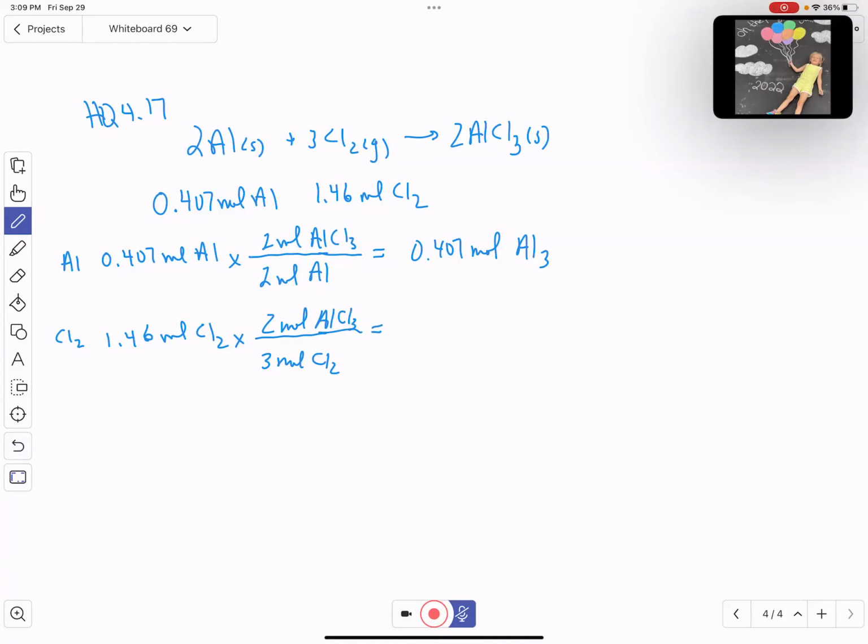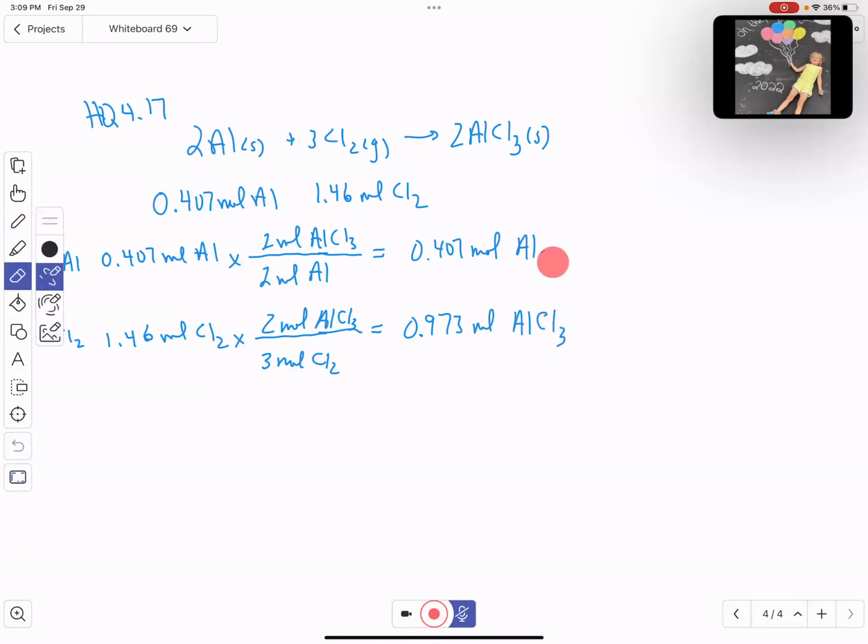So 1.46 times 2 over 3, right, gives us like 0.973 moles of aluminum chloride.